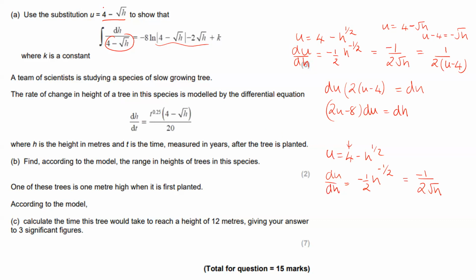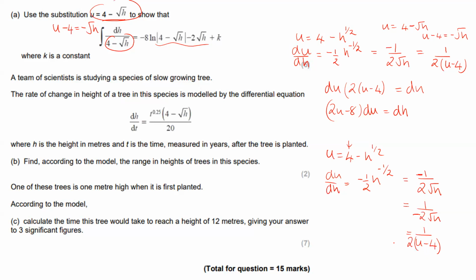Now, what's our substitution? Our substitution is that u minus 4 is equal to minus root h. And really, this minus on the top, I can say that that's 1 over minus 2 root h. So this is just going to be 1 over, well, the minus root h stands for our u minus 4.